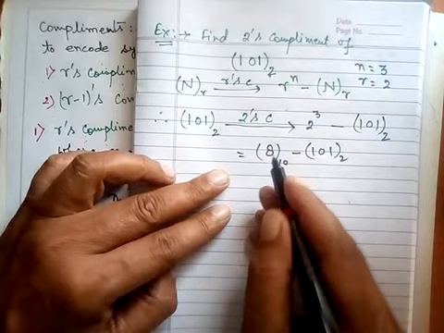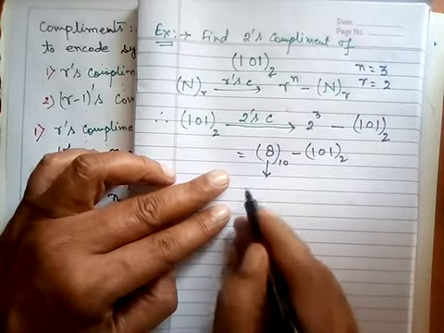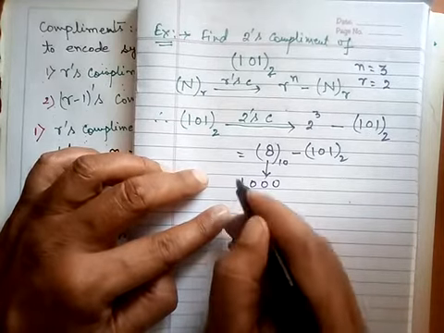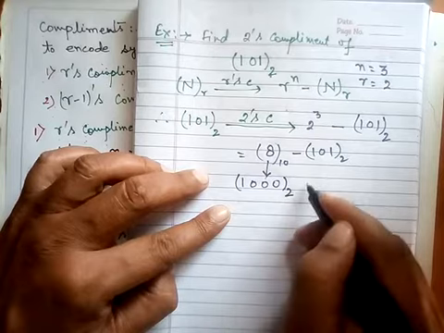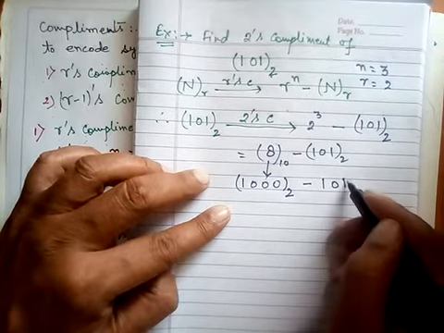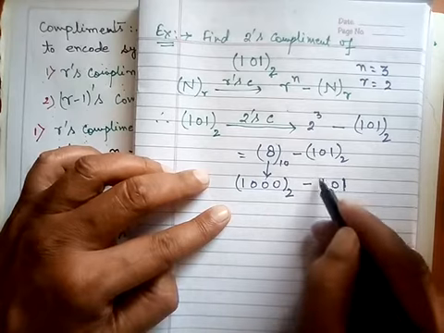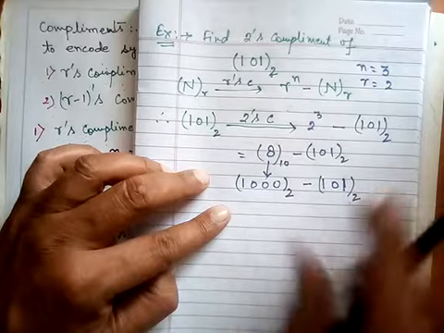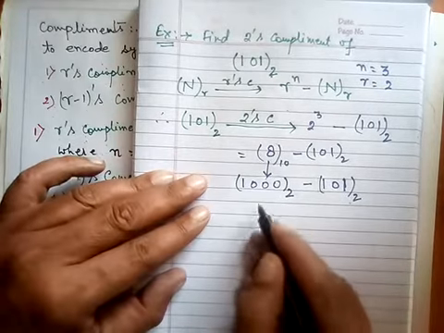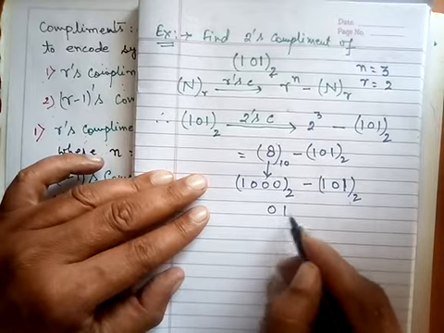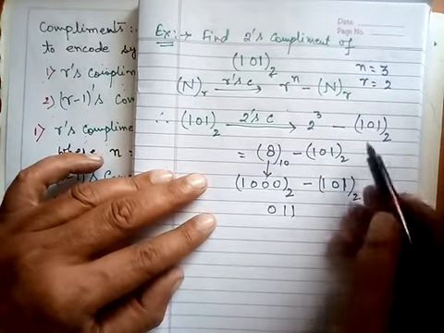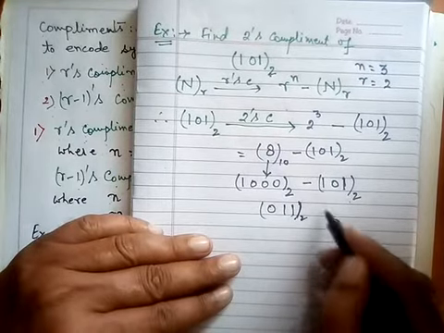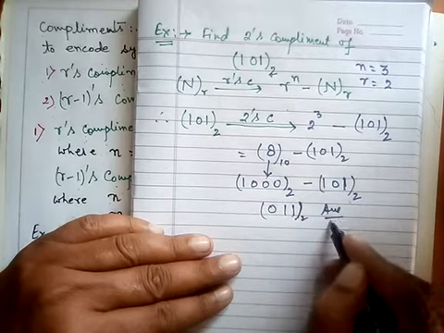So I convert this into base 2: 8 is 1000 in base 2, minus 101, and you can subtract it now. I have told you how to subtract this. The final answer will be 011, and this is the 2's complement of this number.